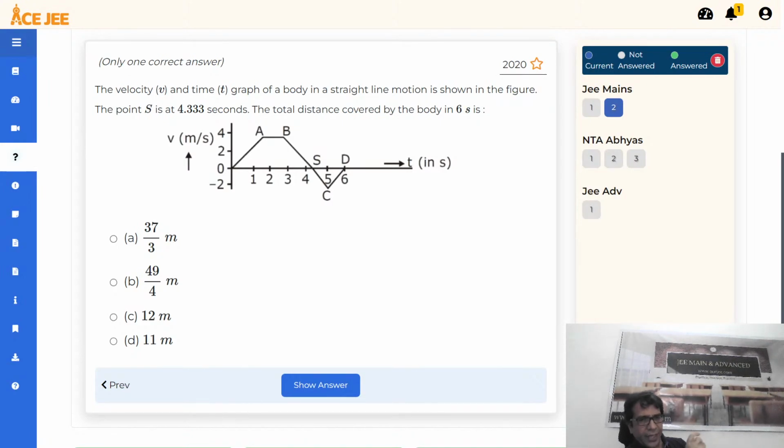And for the SCD, the time duration is 1 second plus 2 by 3 seconds, so that is 5 by 3 seconds. Yes, A sounds like the right answer.